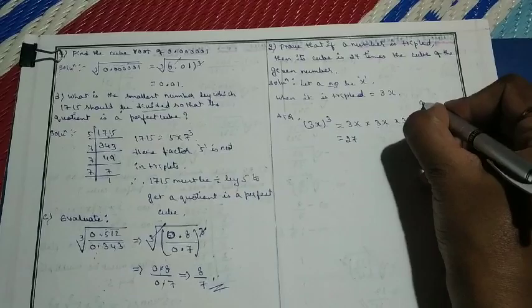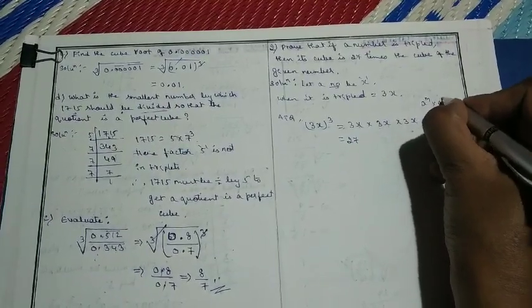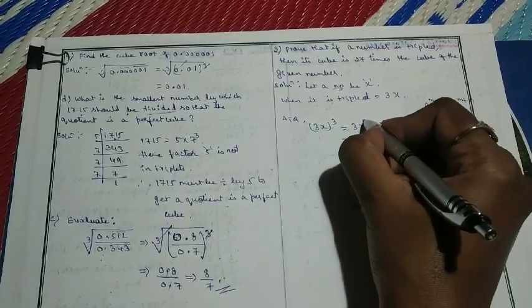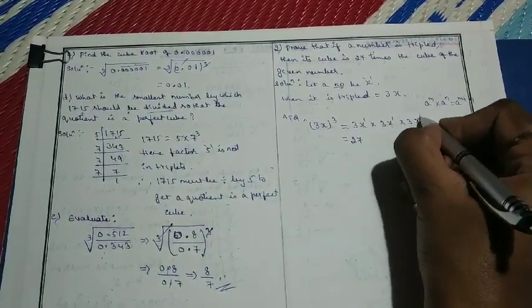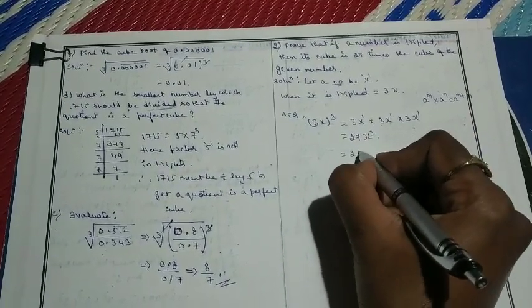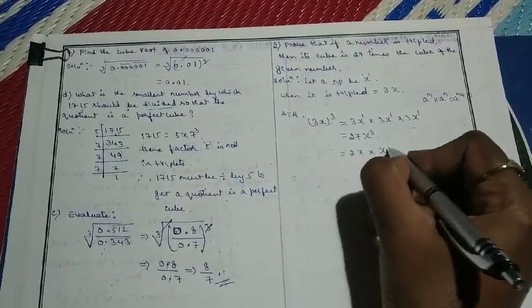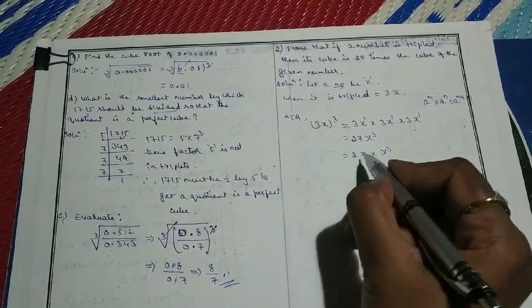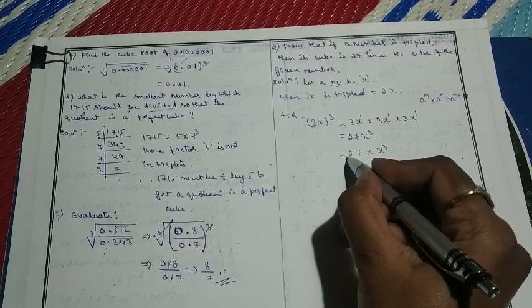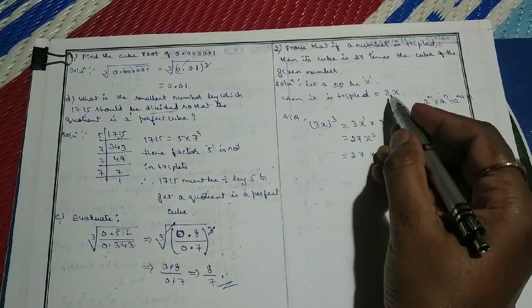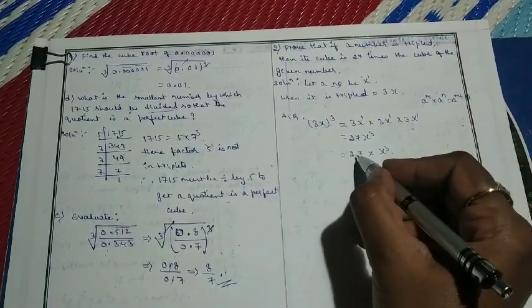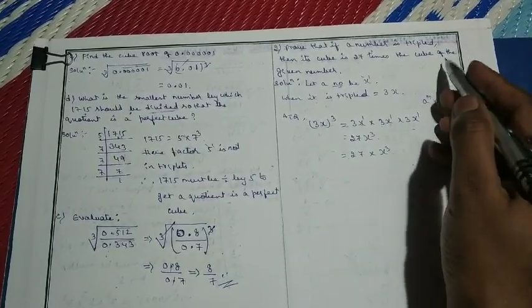We have an exponential law: a to the power m into a to the power n is a to the power m plus n. If no power is written, the power is 1 here. Then we get x cubed. Then I can write 27 into x cubed. Now you check it: the cube of a tripled number is nothing but 27 times the cube of the given number.